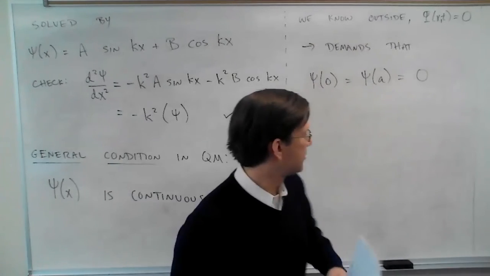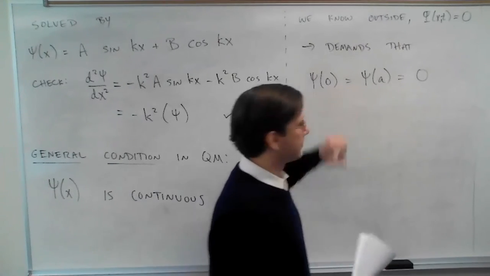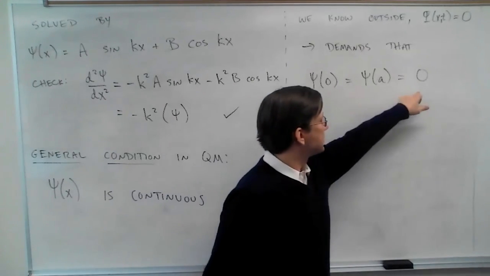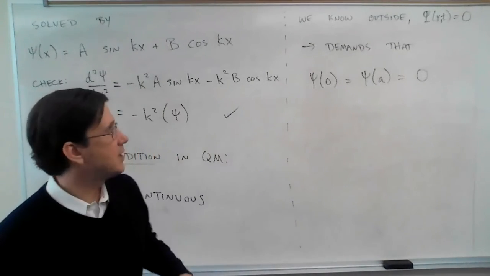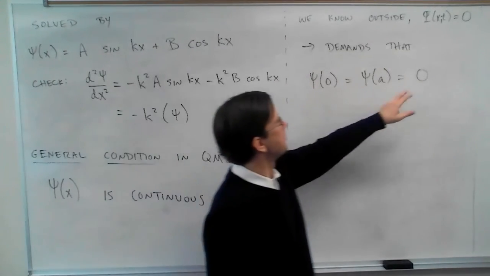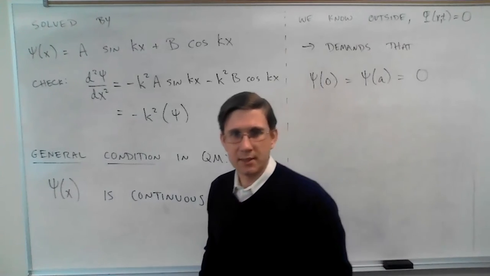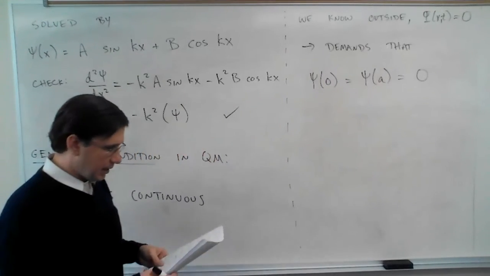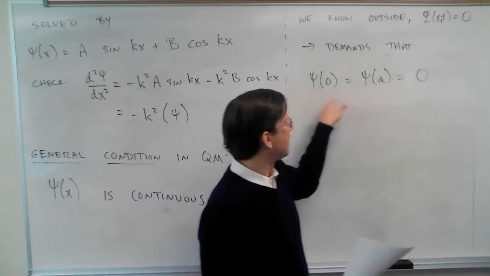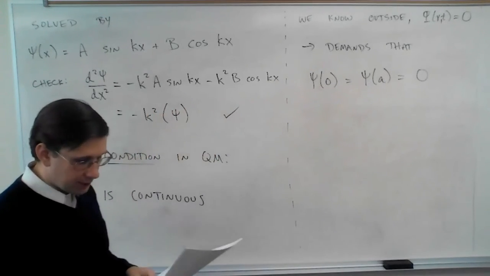In other words, right at the boundaries of the infinite square well, the wave function has to be equal to 0. If it weren't, there would be no way to make this wave function continuous with the wave function that's just outside of the boundary. So at x equals 0 and at x equals a, our wave function has to be equal to 0.